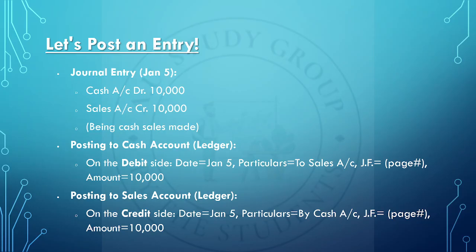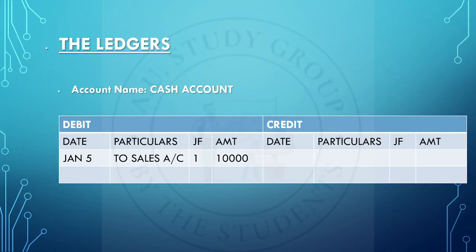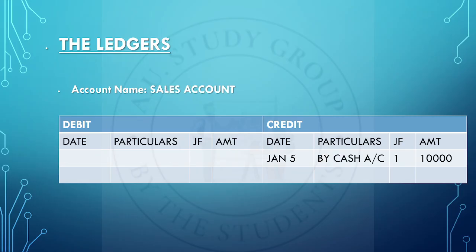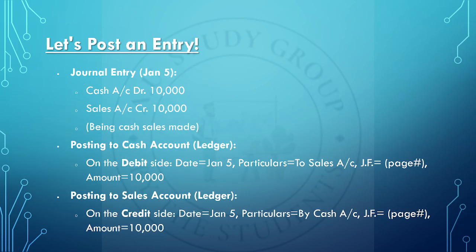Now how will this posting go? On the debit side. Let us check the posting. In the cash account in the ledger, this left side is the debit side, and the right side is the credit side. On January 5th, the journal entry was cash account debit to sales account.